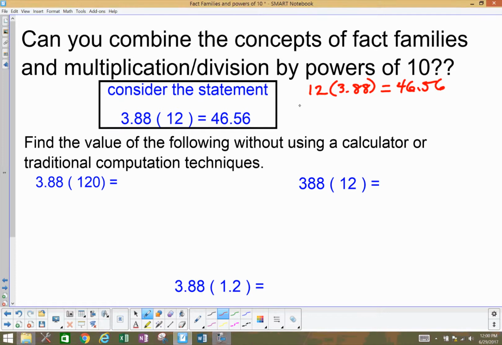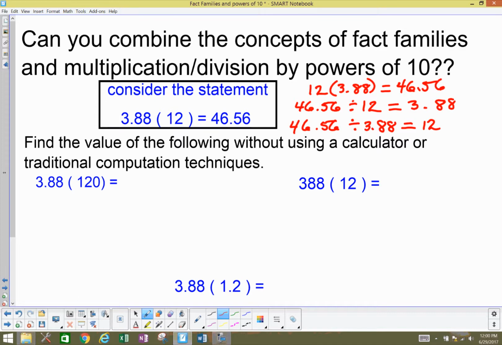So I could say 46.56 divided by 12 is going to equal 3.88. I also know then that 46.56 divided by 3.88 is going to equal 12. So I now have my 4 facts from my fact family.